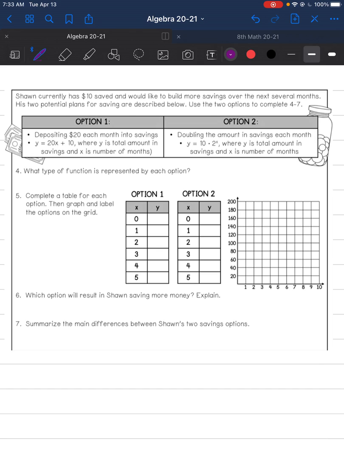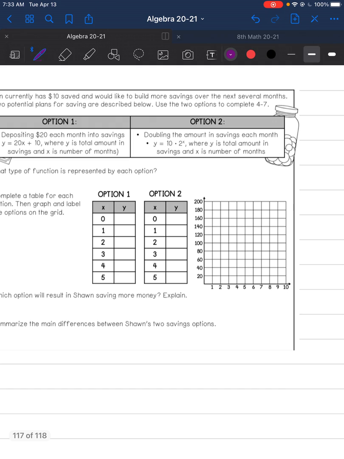Use the 2 options to complete 4 through 7. So option 1, depositing $20 each month into a savings, where y equals 20x plus 10, where y is the total amount in savings and x is the number of months. Option 2, doubling the amount in savings each month, y equals 10 times 2 to the x, where y is the total amount in savings and x is the number of months.